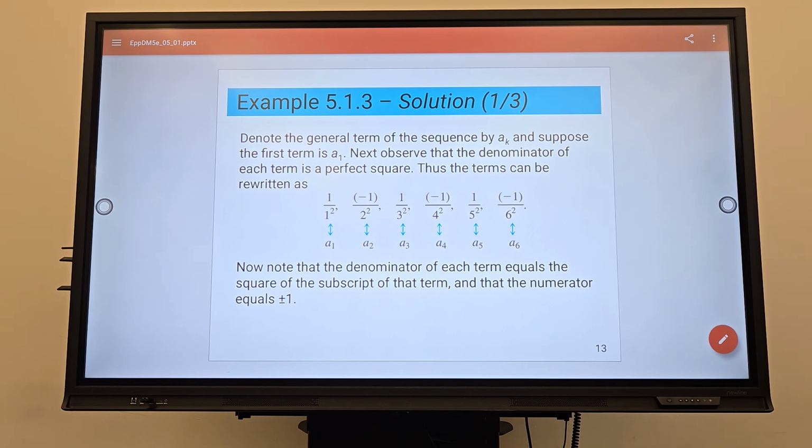Observe that the denominator of each term is a perfect square. So it could be written as 1 over 1 squared, minus 1 over 2 squared, 1 over 3 squared, and so forth. Now note the denominator of each term equals the square of the subscript of that term. And the numerator equals plus or minus 1.